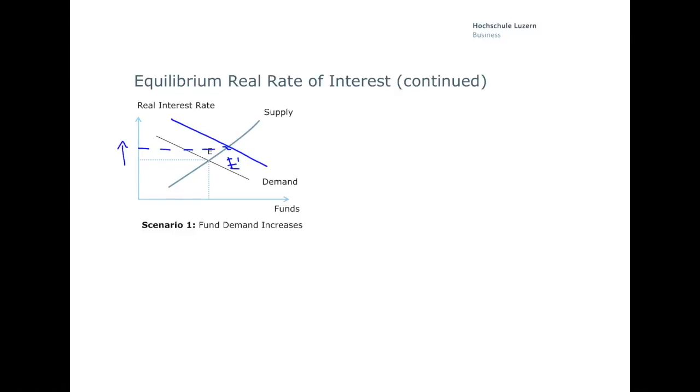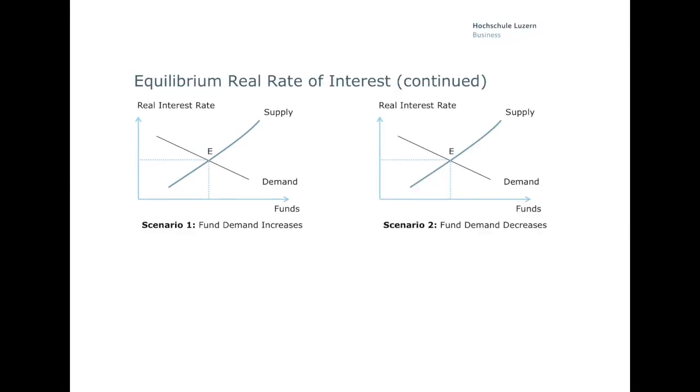In the second scenario, fund demand decreases because businesses are pessimistic and decrease their investment activity. As a consequence, the demand curve shifts to the left, resulting in a new equilibrium at a lower real rate of interest level.